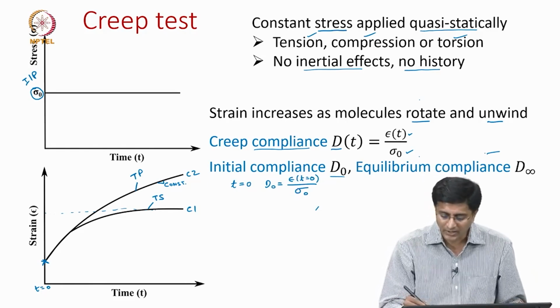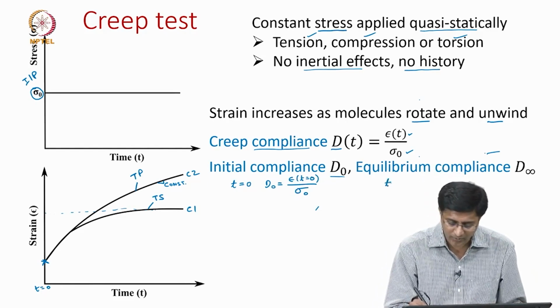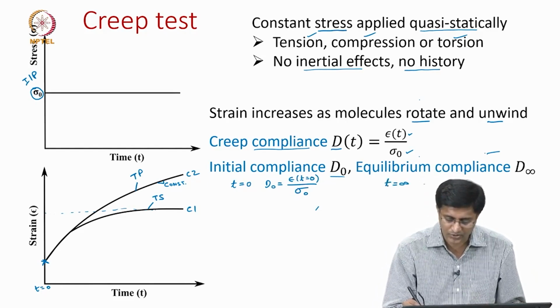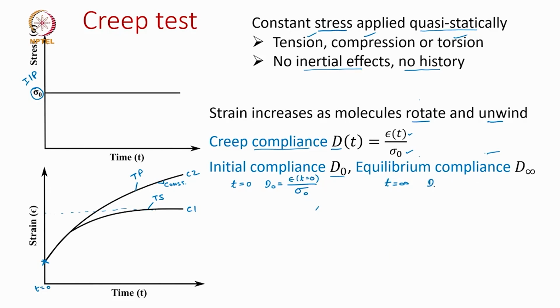And the equilibrium compliance is what happens when time approaches infinity, which we define as D infinity or equilibrium compliance, which is given as epsilon at time approaches infinity divided by the applied stress sigma naught.